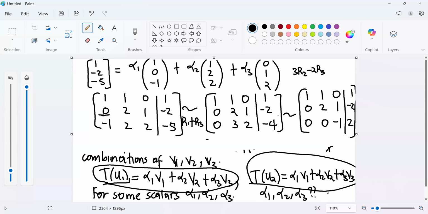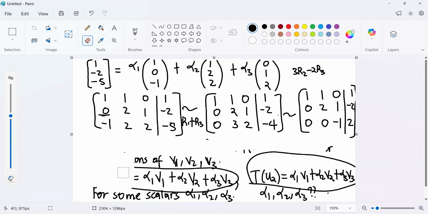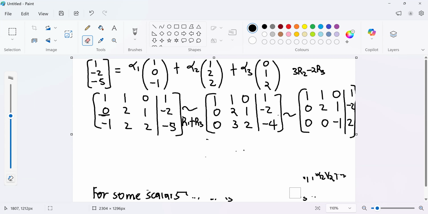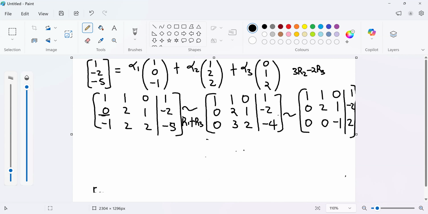So meaning that negative alpha 3 is equal to 2, over -1, implying that alpha 3 here is -2.